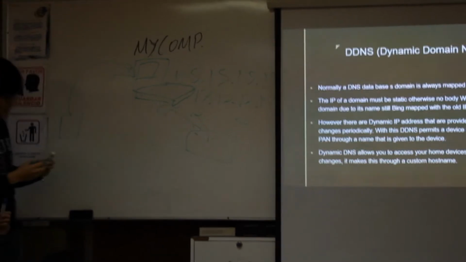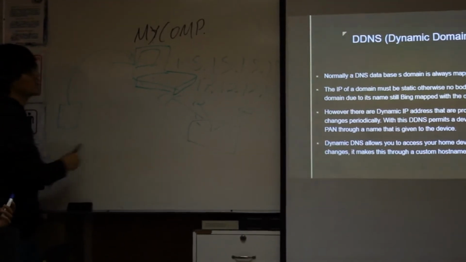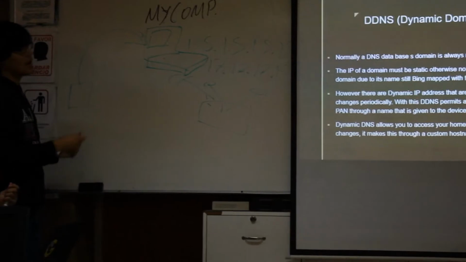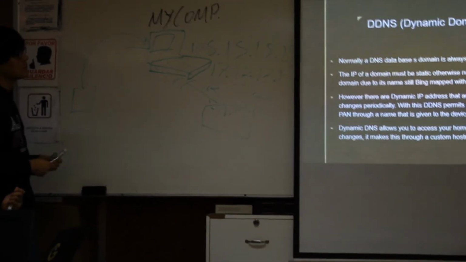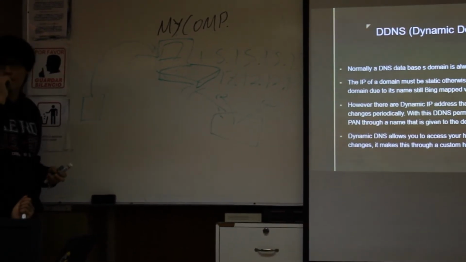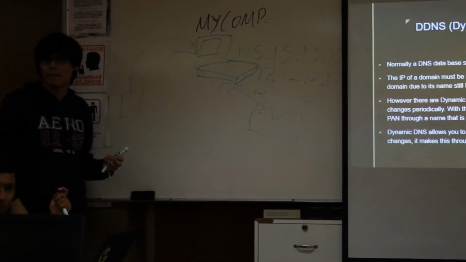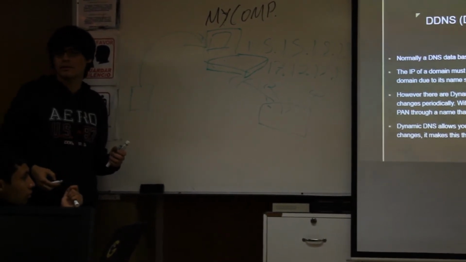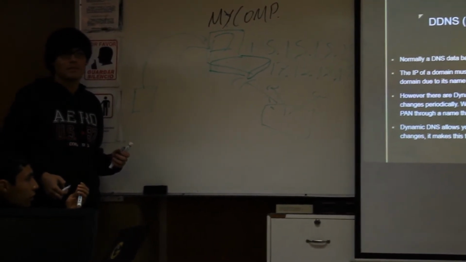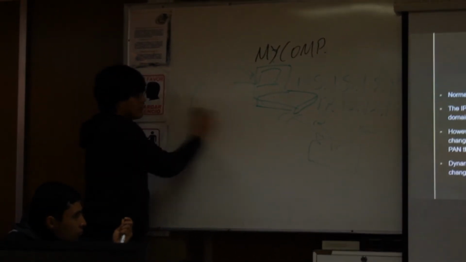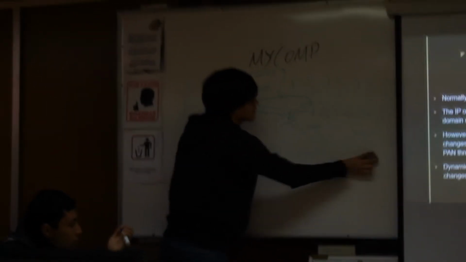It'll still be accessing the computer thanks to the DNS, the dynamic domain name system. So, it's clear? It's clear. Yeah. It's understandable. All of you understand this? Yes. Yeah, okay. So, I think that's all I needed to mention.